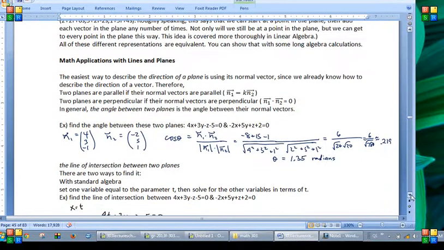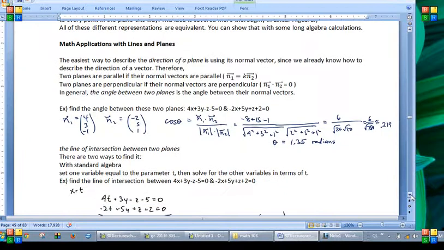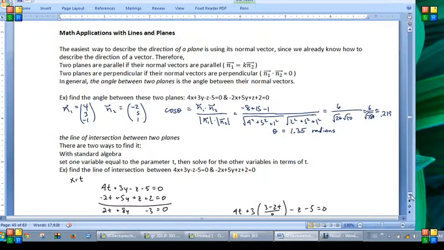So if x equals t, let's plug in. And you get 4t plus 3y minus z minus 5 equals 0. And then the other equation, you plug in x equals t, you get this. And now you can simplify and reduce. And you get 2t plus 8y minus 3 equals 0. We eliminate z. And now you can solve for y.